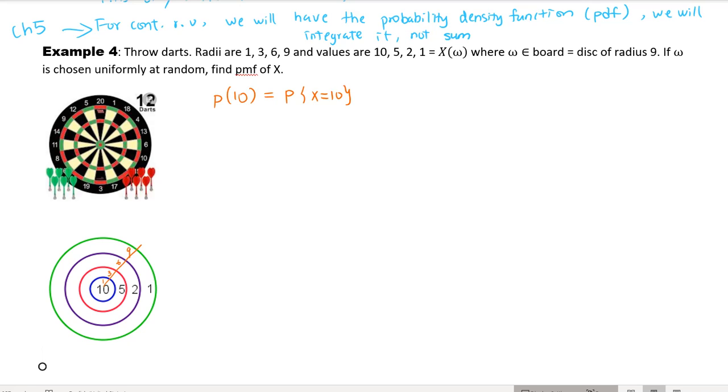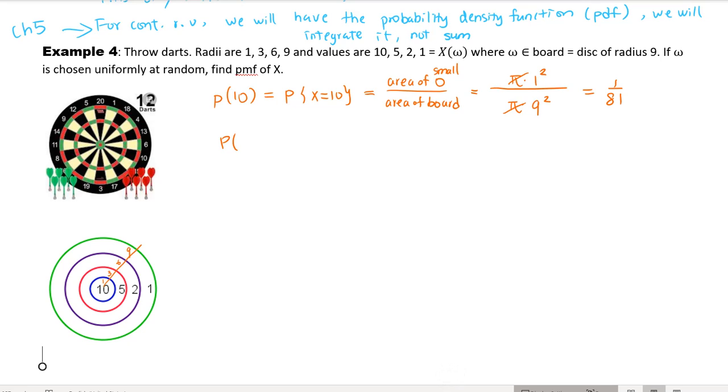Alright, and because all the points are equally likely, we can use the area of the small circle over the area of the board. Okay, what is the area of the smallest circle? It has radius 1, so pi r squared, pi times 1 squared. And the entire board has radius 9, so pi times 9 squared. So pi cancels, and we get 1 over 81. Okay, so that is P of 10.